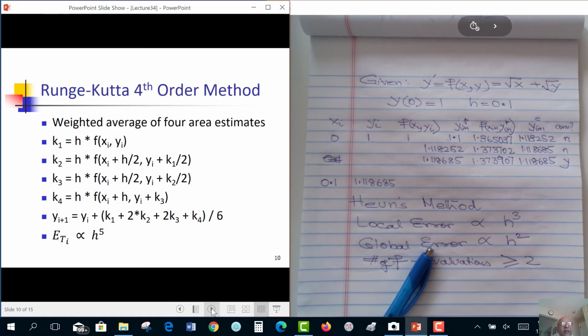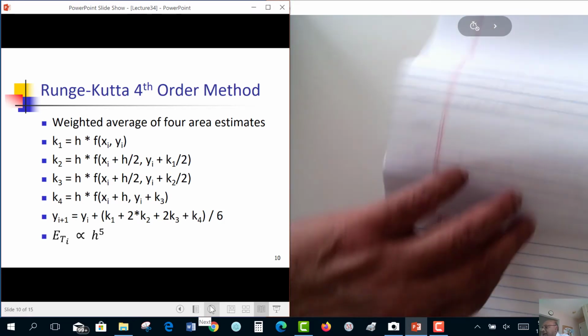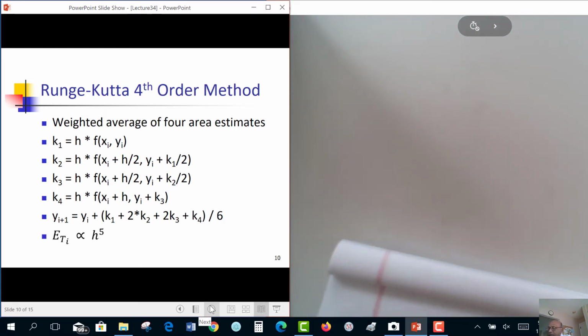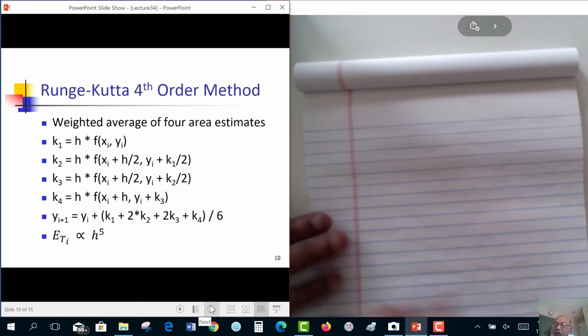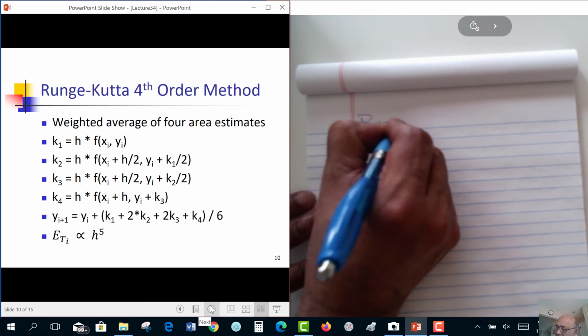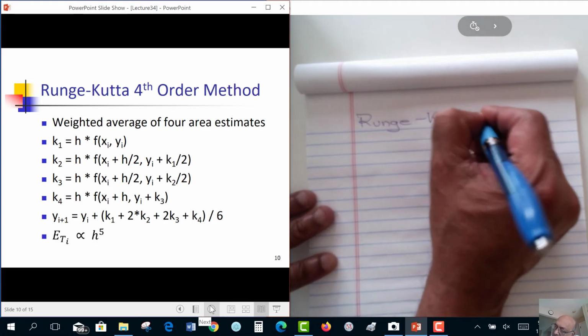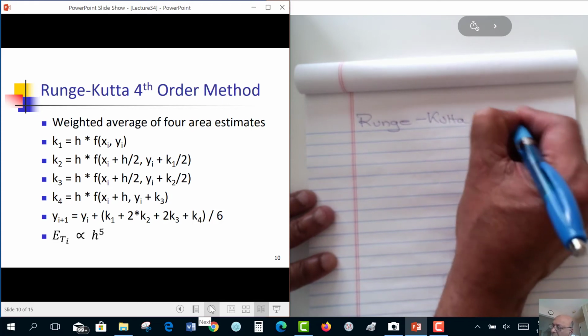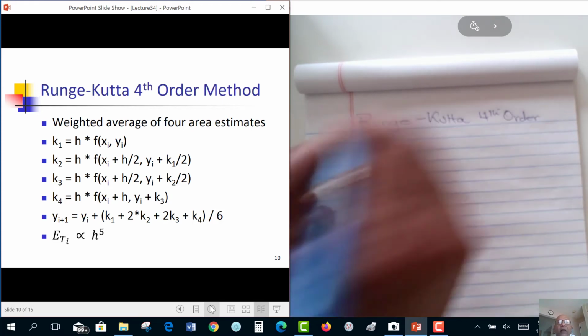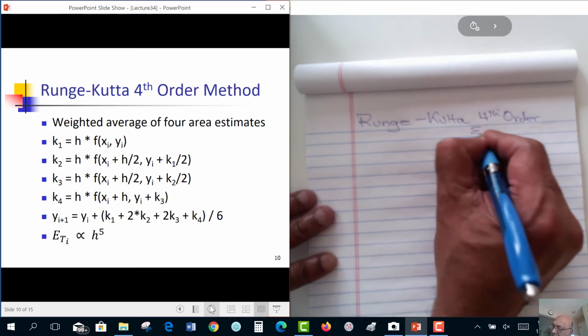So our next method is Runge-Kutta fourth order method, and this is by far the most popular method in solving differential equations. Okay, first of all, this is an explicit method.